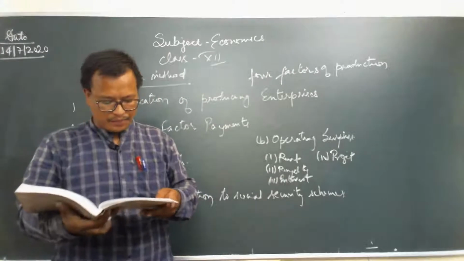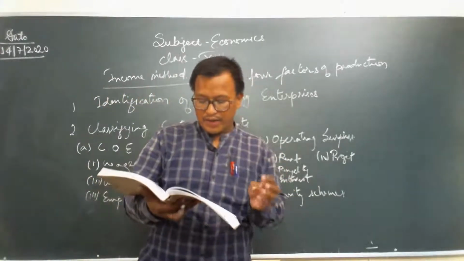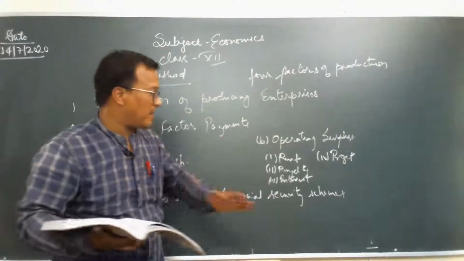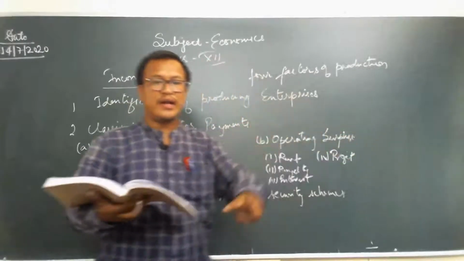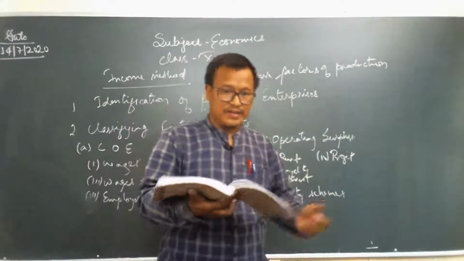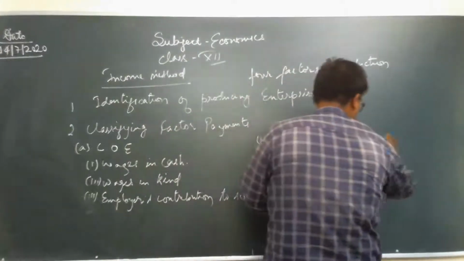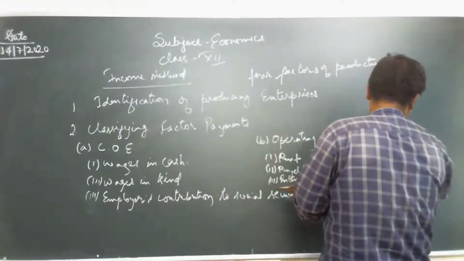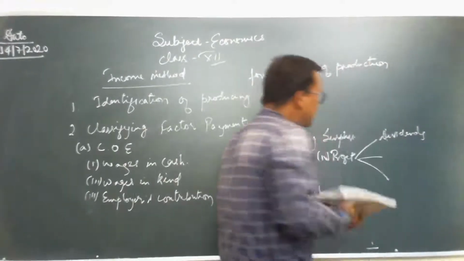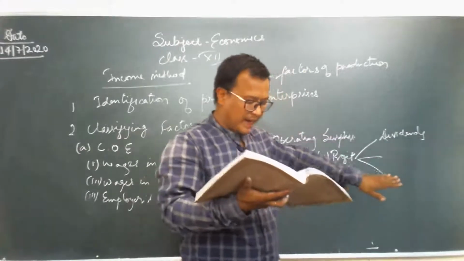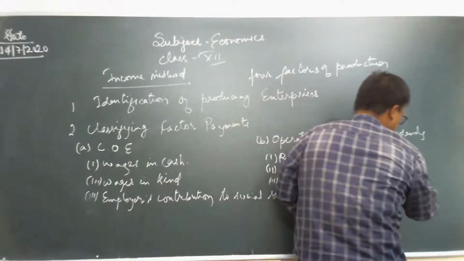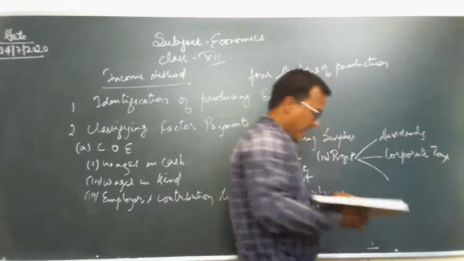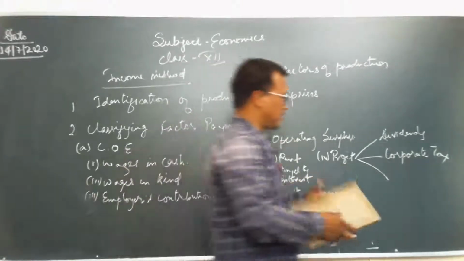Now, profit is a factor income generated from entrepreneurship. The profit generated by the production unit is divided into three categories. Those three categories are: first, dividends; second, corporate tax; and third, corporate savings.